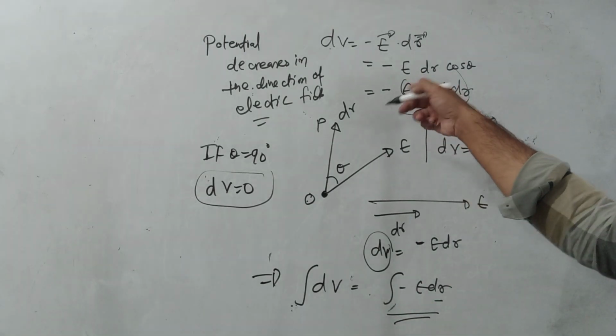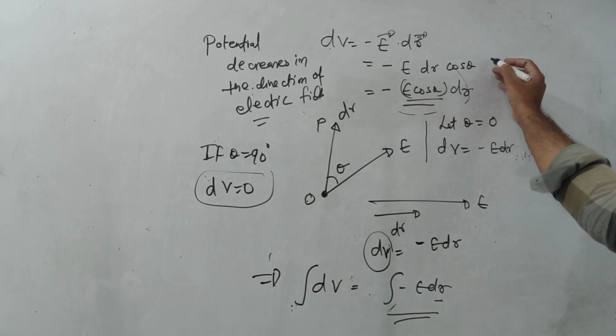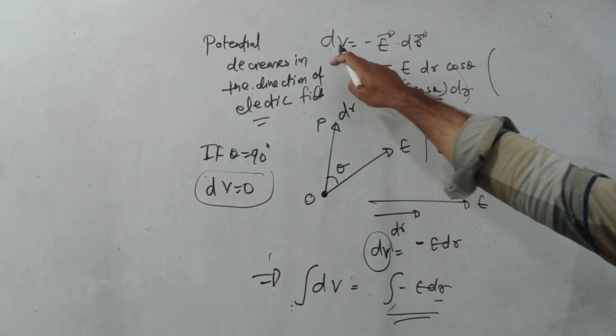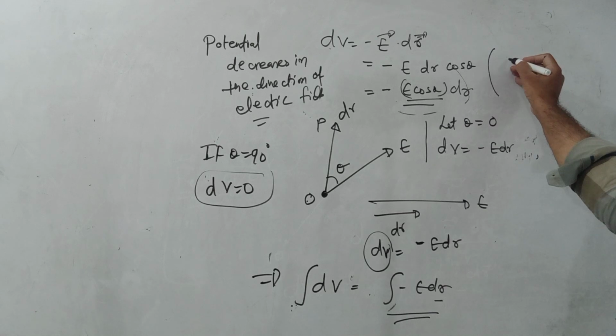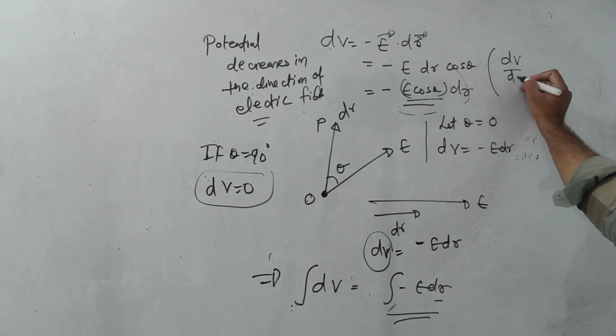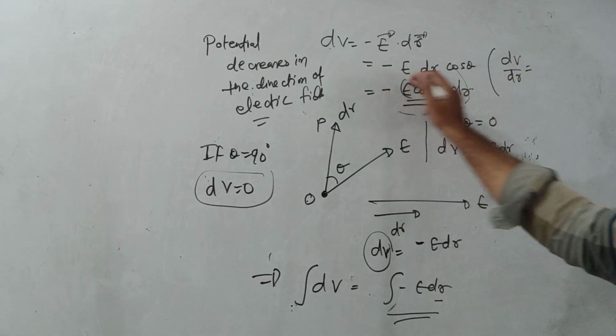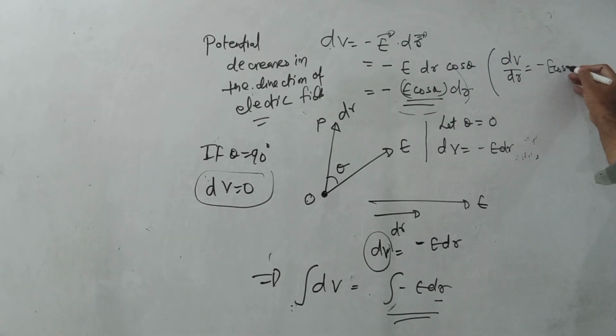So you can see it from here also. Suppose I write it in differential form, dV upon dr, then I am left with minus E cos theta.